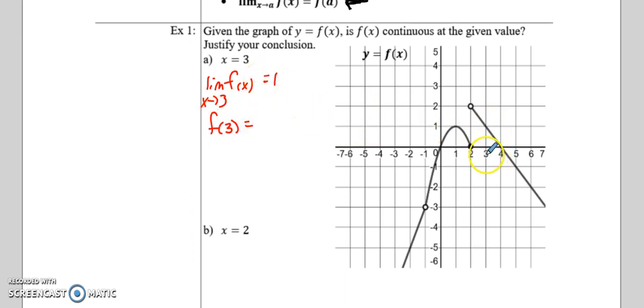So the limit exists, the function value is 1. Okay, so the limit exists, the function exists. We have values for those. Now, that's not enough. Don't say, oh, any fool can see that, the theorem, hey, guess what? It's there. Can't do that. You've got to actually state this last part.